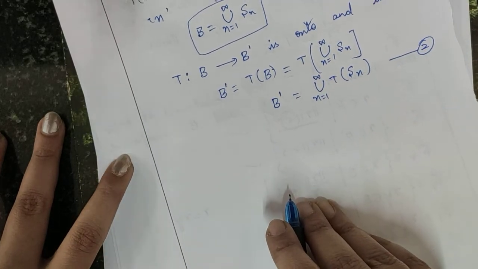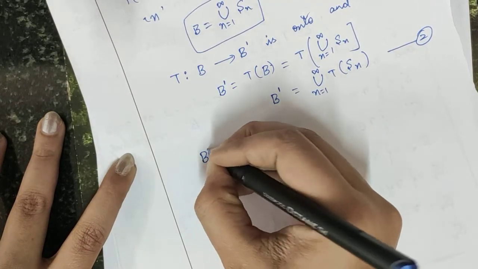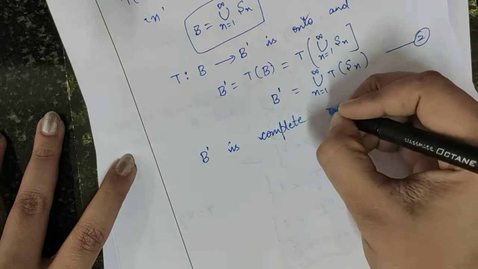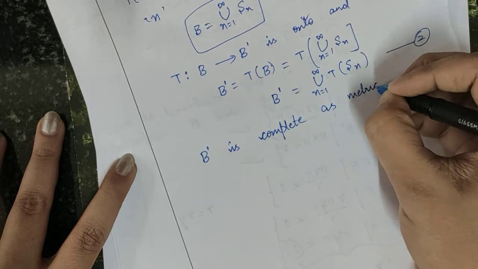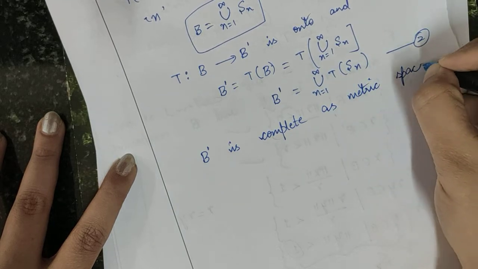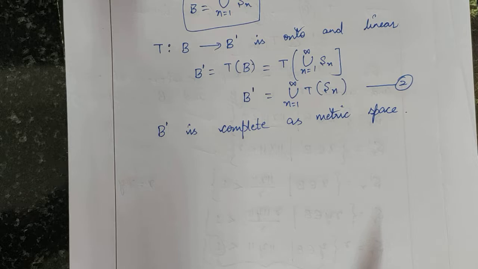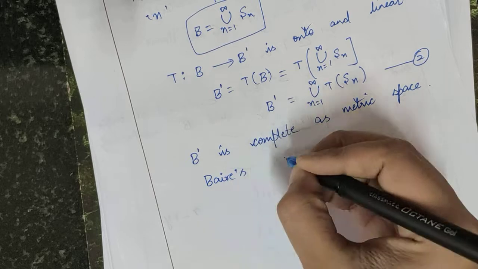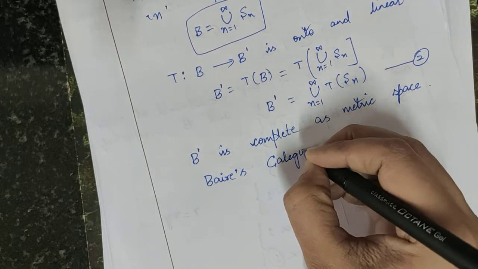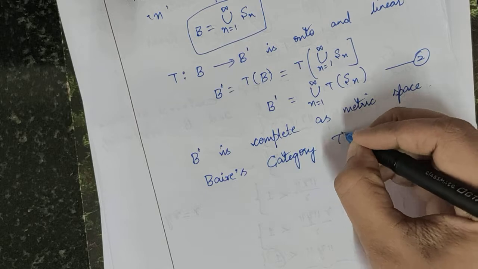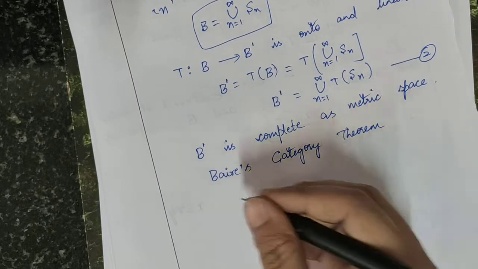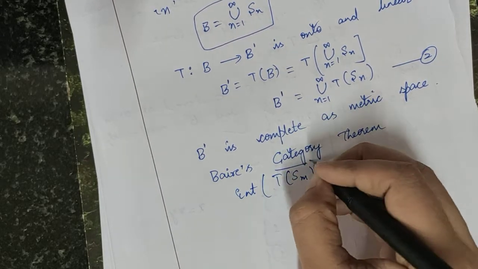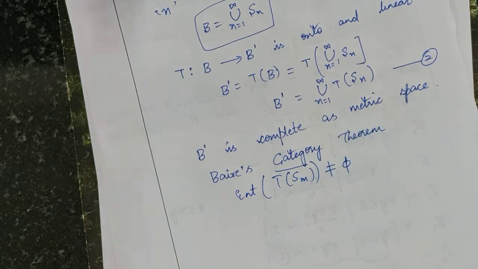Okay. So since B and B prime are Banach spaces, we can say that B prime is complete as metric space. Now from Baire's category theorem, this you might have studied in your previous semester, from Baire's category theorem, I can write interior of T of Sm whole closure is not equal to null.